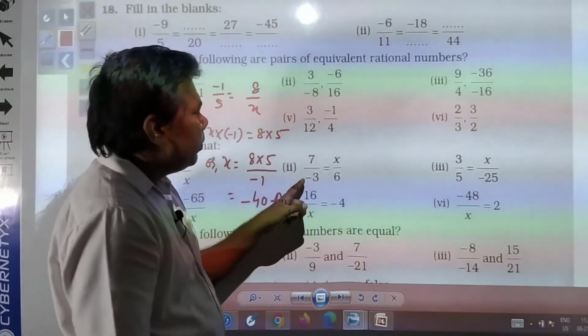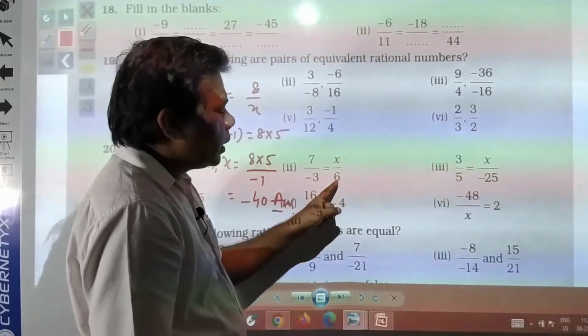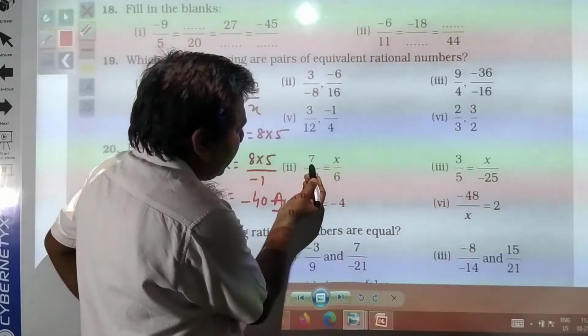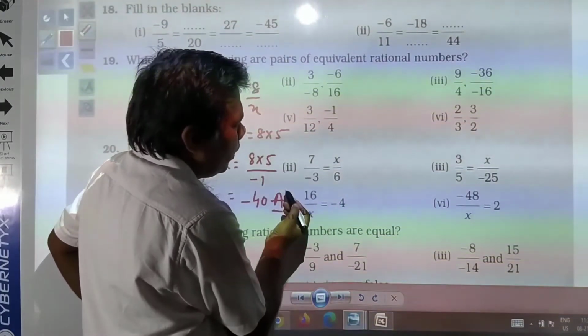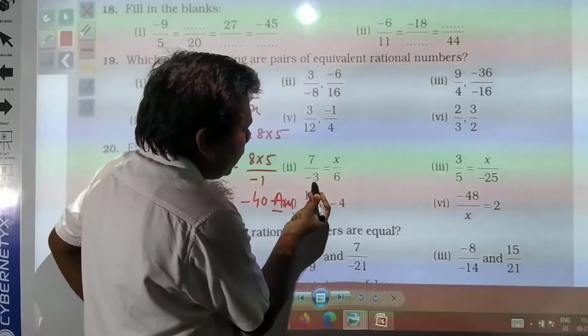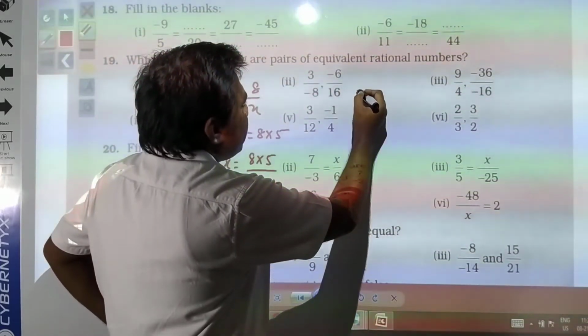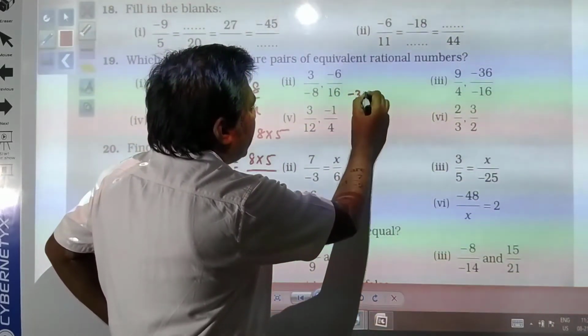Next question you see, 7/-3 = x/6. Just here you have suppose a/b = c/d, then a×d will be equal to b×c. So you will write -3 × x.